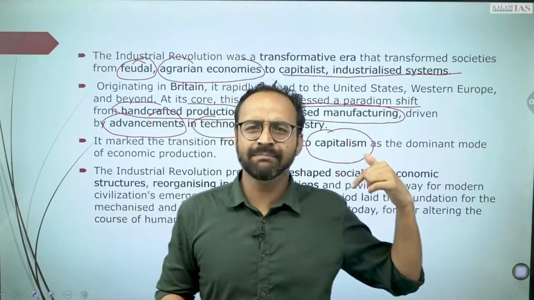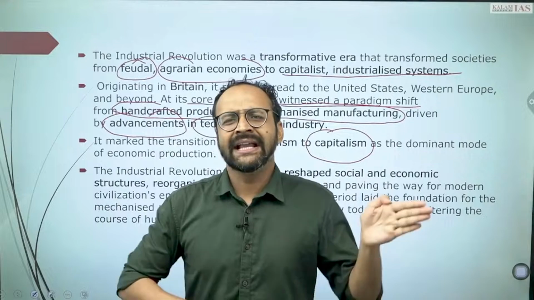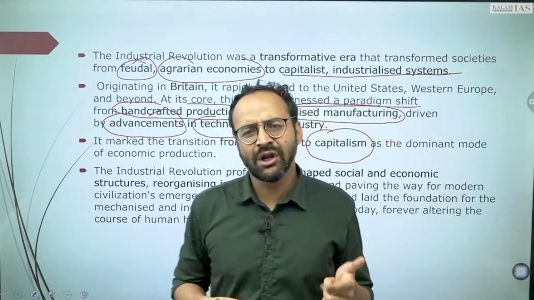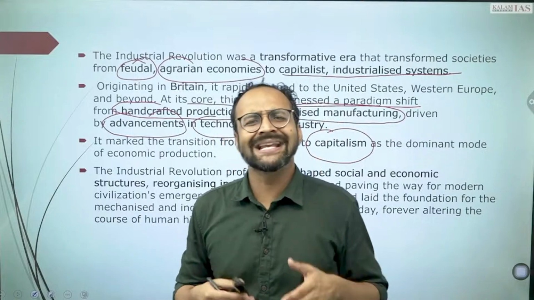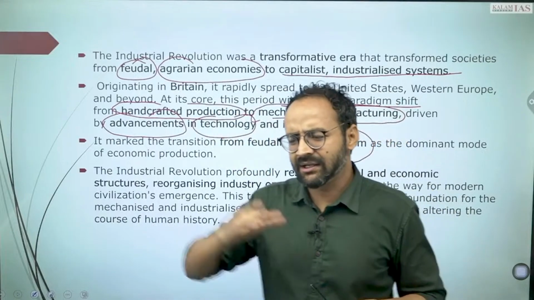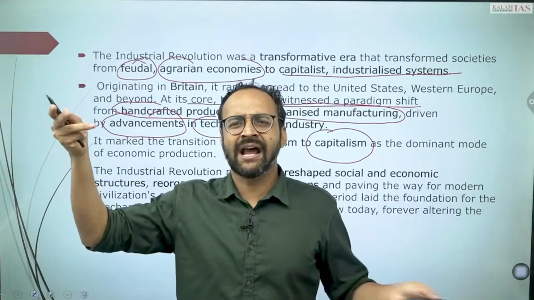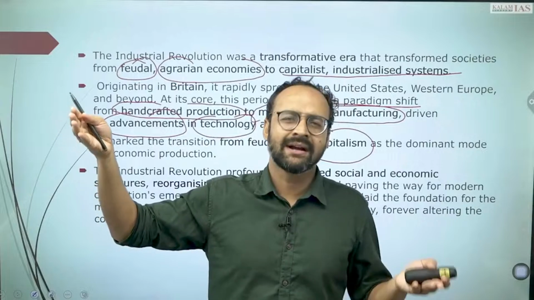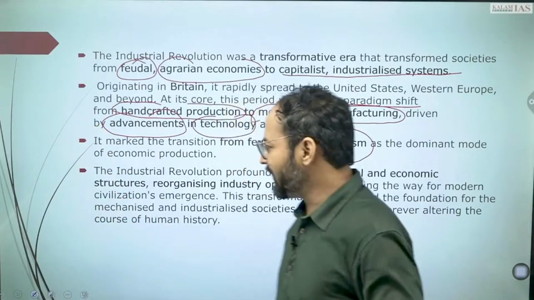So same happened in Britain also, and the European continent. In 1848 they also saw a Marxist revolution, in which Karl Marx says that the society is divided among the haves and have-nots. The haves being the bourgeoisie, and the proletariat means the working class. We'll explain this a little further.